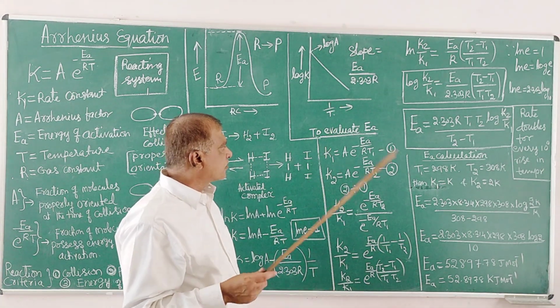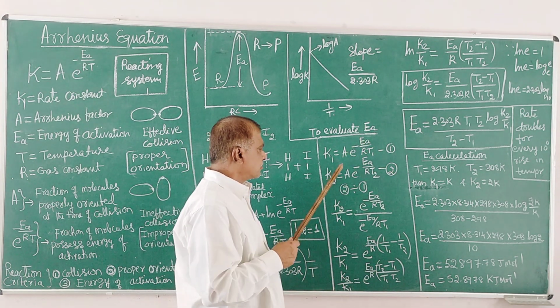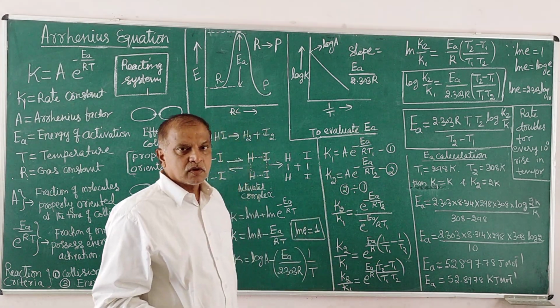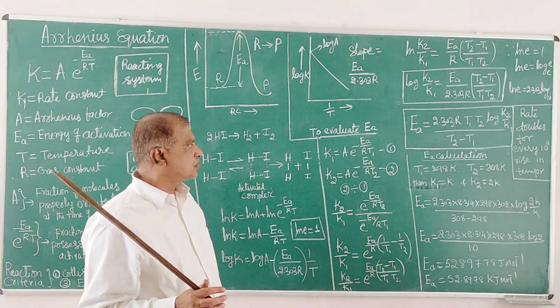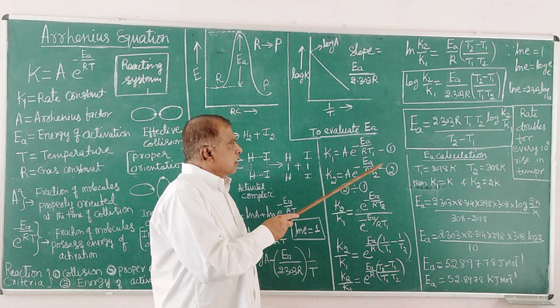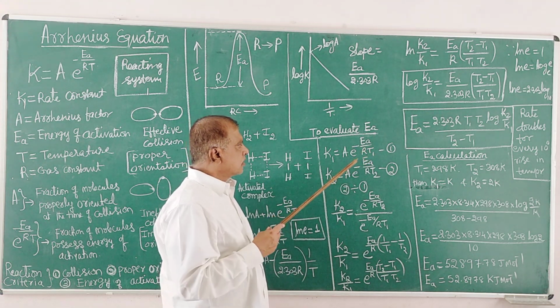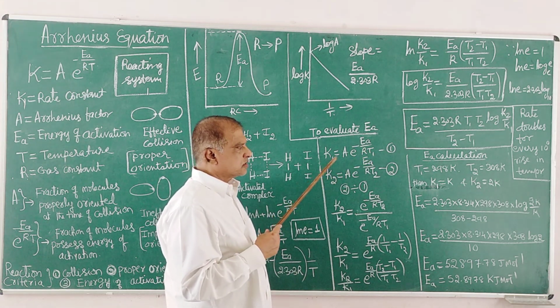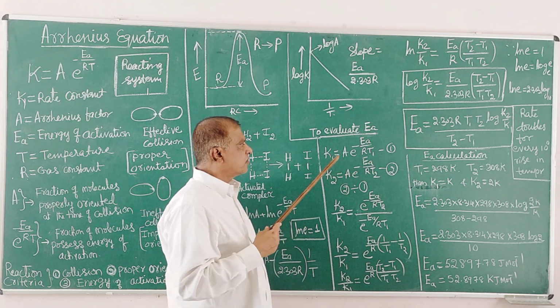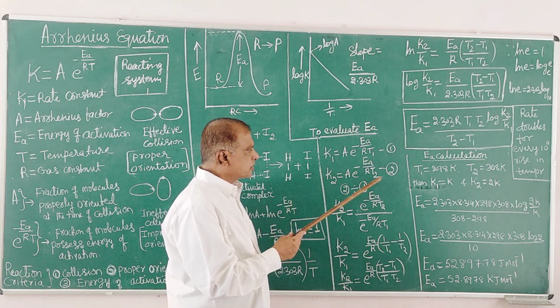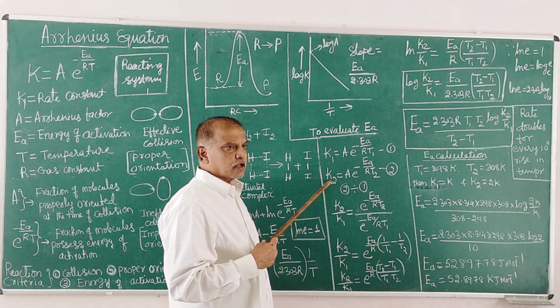Another way of calculating the energy of activation is by mathematical calculation. I am taking any two values: when the temperature is T1, k is k1, that is, at different temperatures we have different values. When the temperature is T2, k is k2.